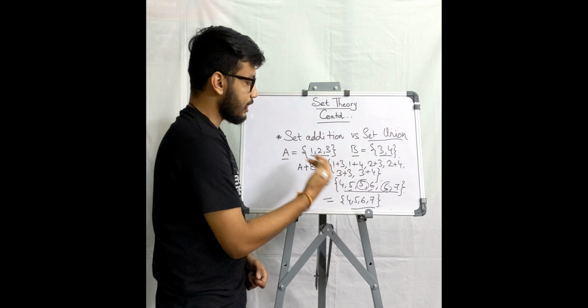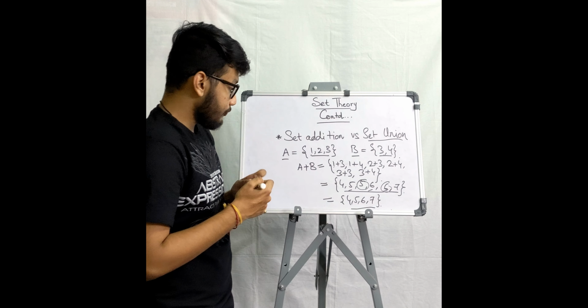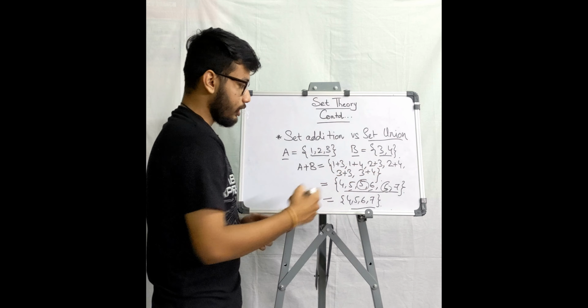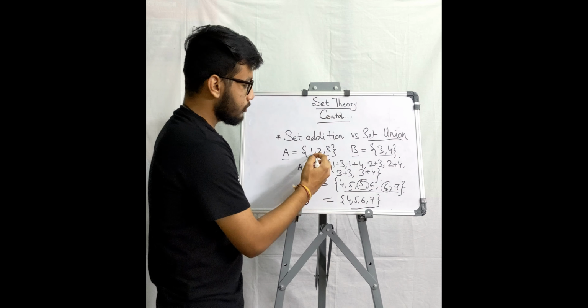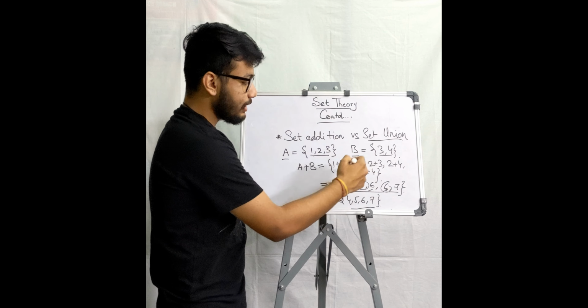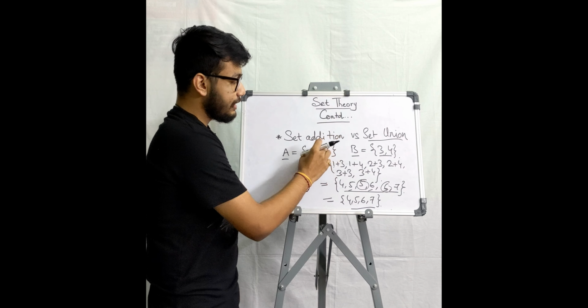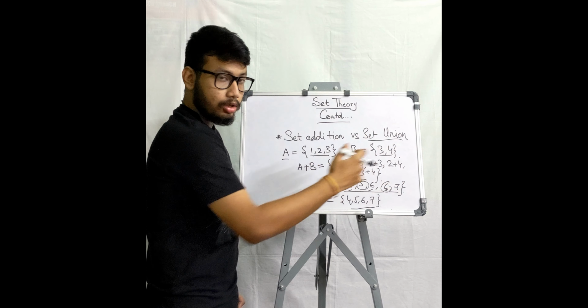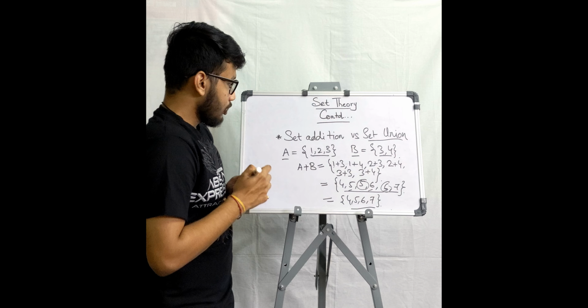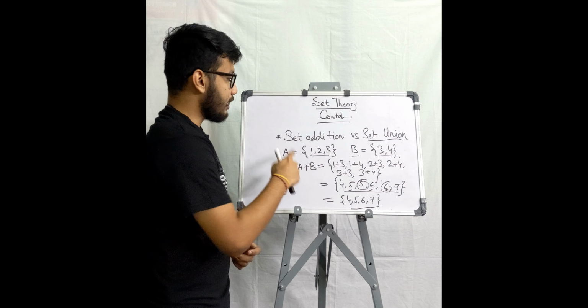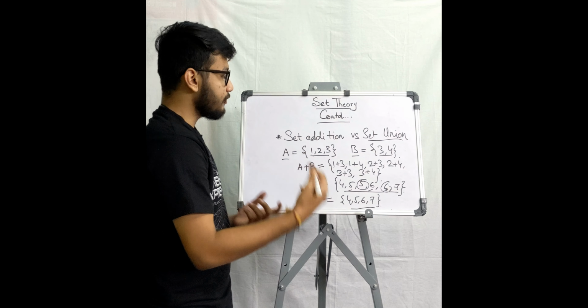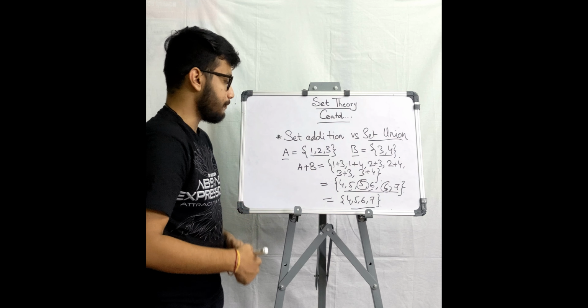This is the difference between set addition and set union. In case of union, we try to unite the two sets. In case of addition, we add each element to every other element of the other set. I hope you are able to understand the difference between set addition and set union.